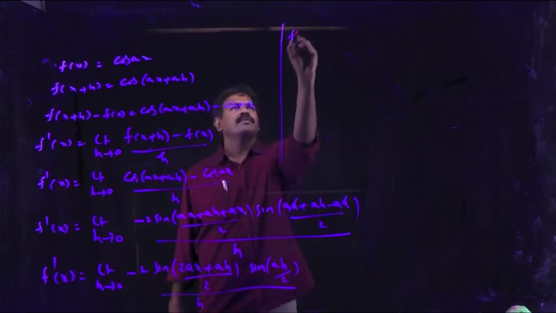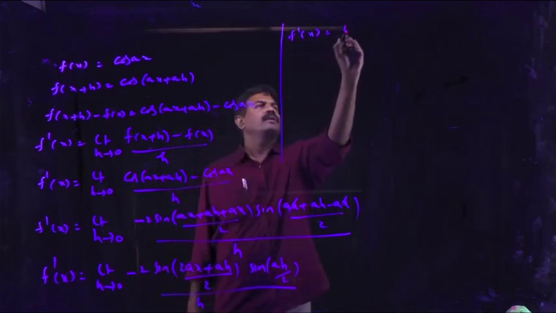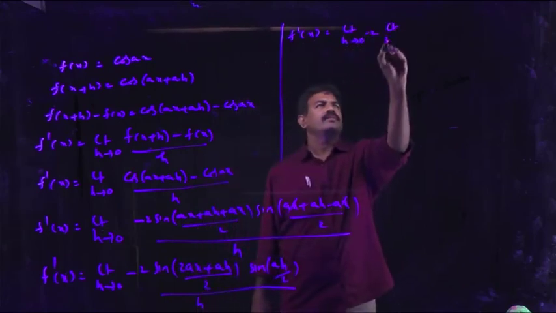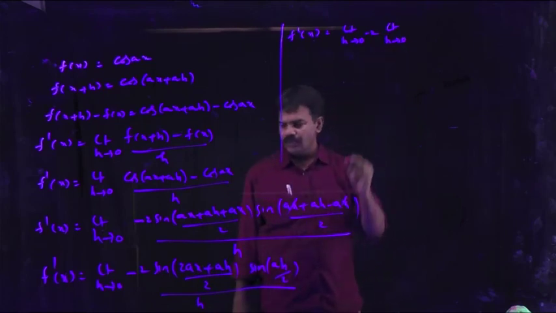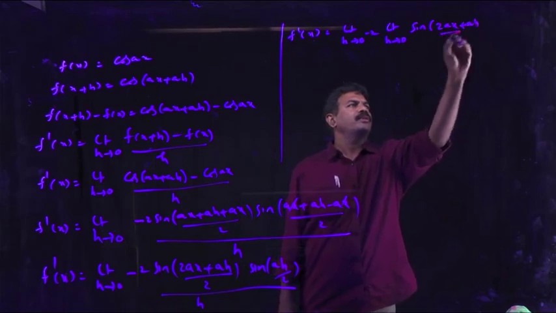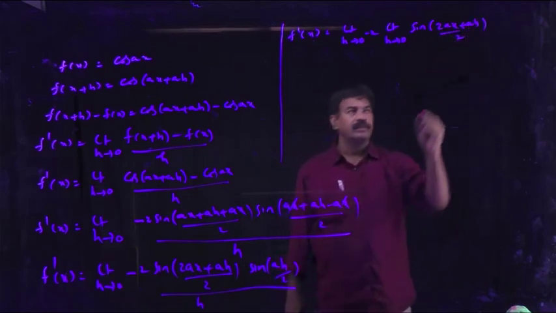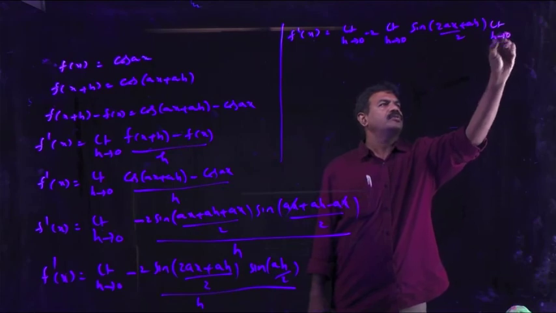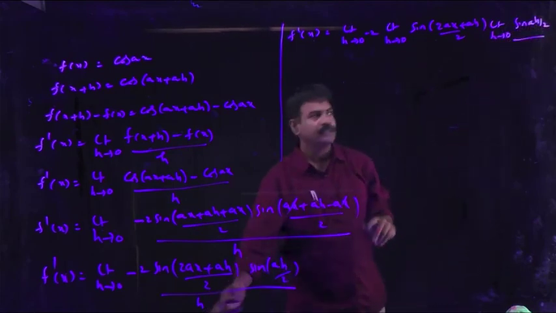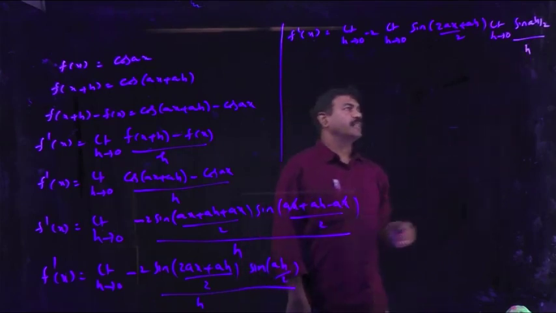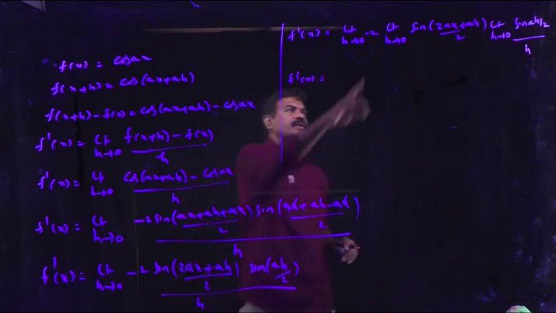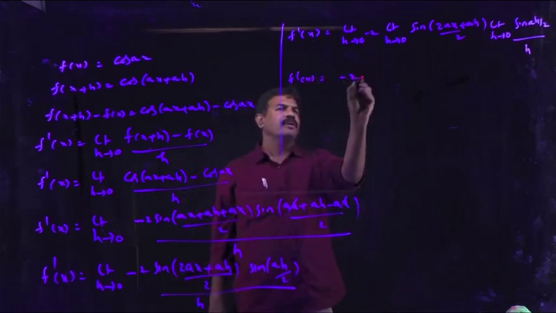f'(x) is equal to the limit as h tends to 0 of minus 2 into the limit of sin((2ax + ah)/2) into the limit of sin(ah/2), and we write the denominator h by h here. So the limit of minus 2 is minus 2.